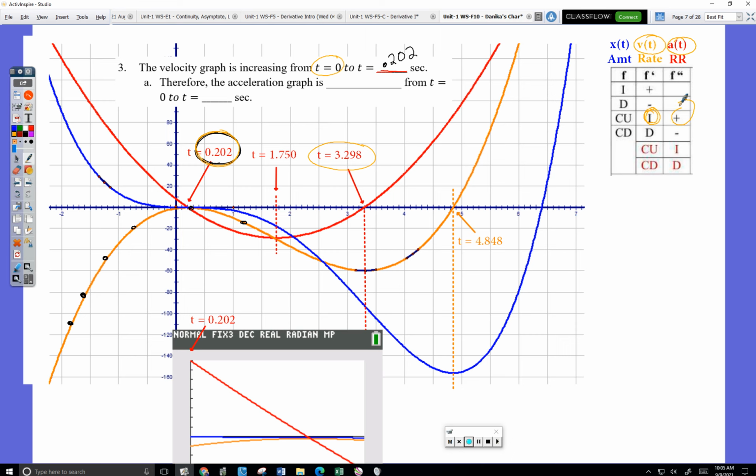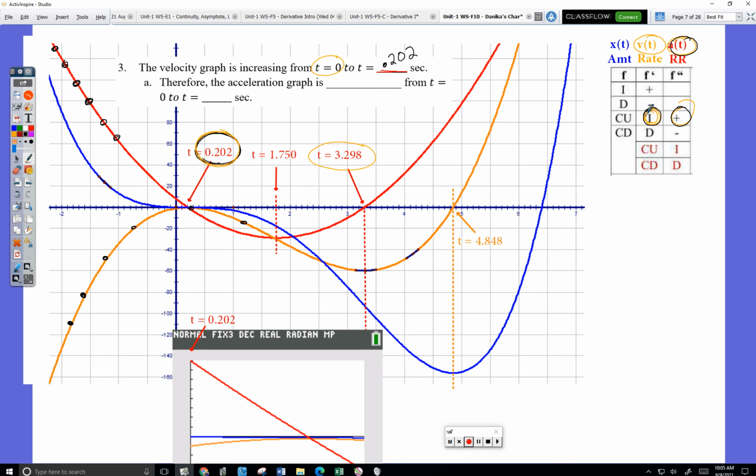And you can see it. Just like Hannah said, all of these y-coordinates are positive. That means for all of this time, these y-coordinates on acceleration being positive tell me that the velocity y-coordinates are going up. And Danica's chart summarizes that. Y-coordinates of acceleration being positive, I know y-coordinates of velocity go up.